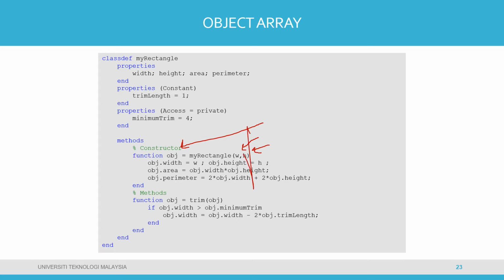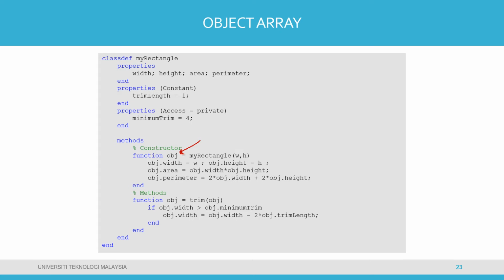Let me delete this first. You have width and height, and then you have to create an object. You can call it anything actually, but I suggest you just call it object obj. So you insert the user defined value.